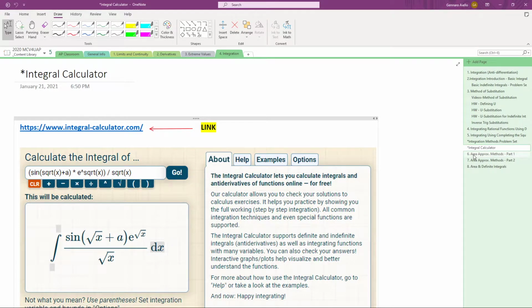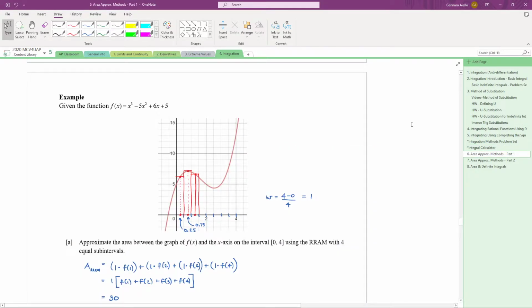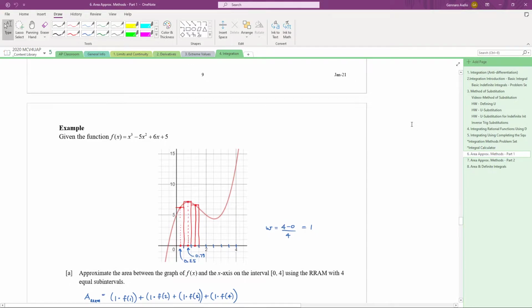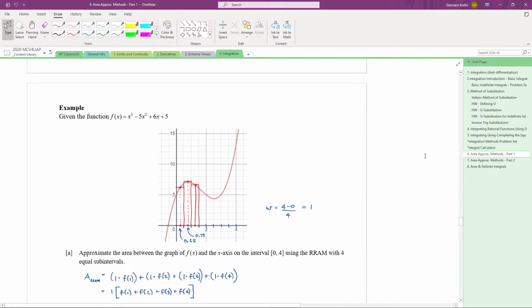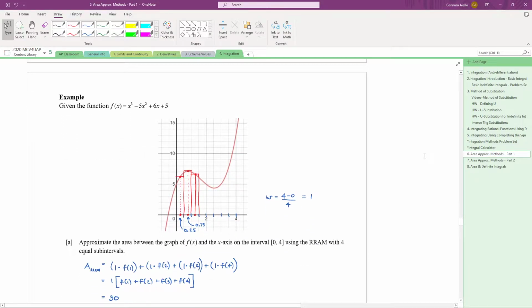That brings us to area approximation methods. We started this last class, and we talked about how to approximate area under a graph, and there were three approximation methods that we talked about.